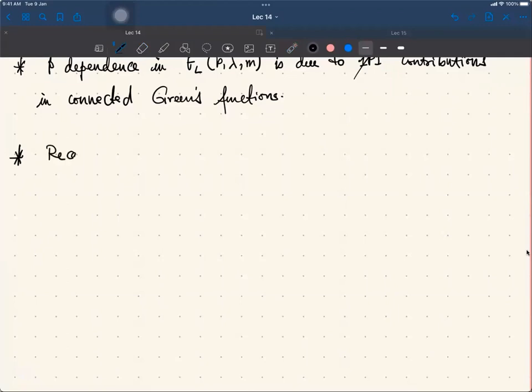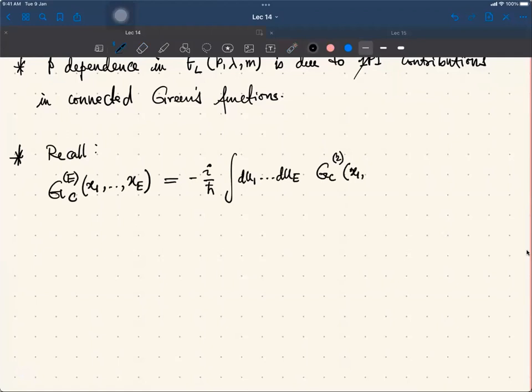So recall that G_c^E(x1 to xE) is given by an expression of this sort: minus i over h bar integral du1 to uE, then G_c^2(x1, u1) through G_c^2(xE, uE) times Gamma^E(u1 to uE) plus other contributions.